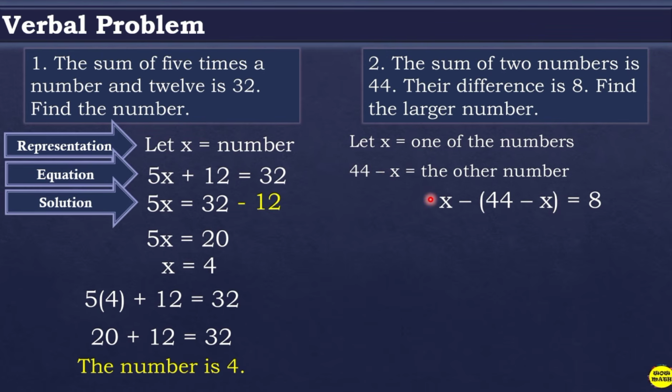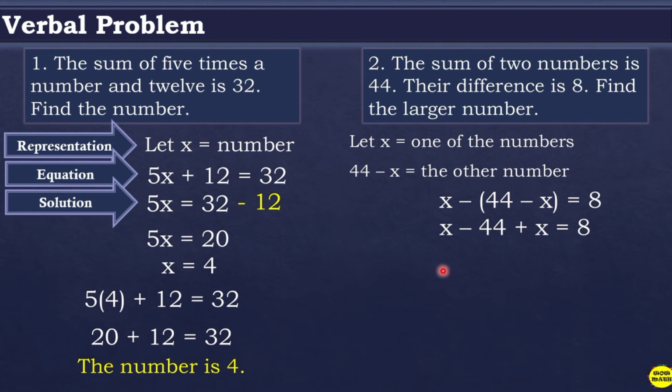So, x minus, kasi difference, minus 44 minus x is equal to 8. Okay. Now, by distributive property, that will become x minus 44, kasi negative 1 times 44 is negative 44. And then negative 1 times negative x is positive x, is equal to 8.